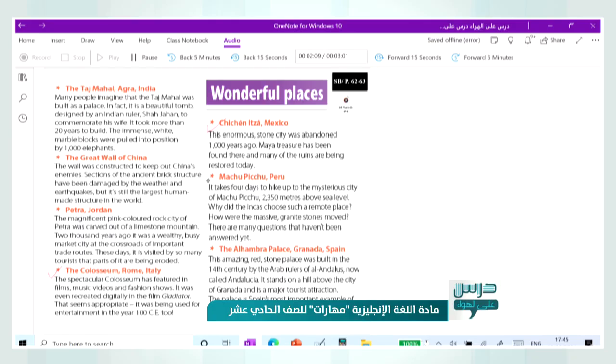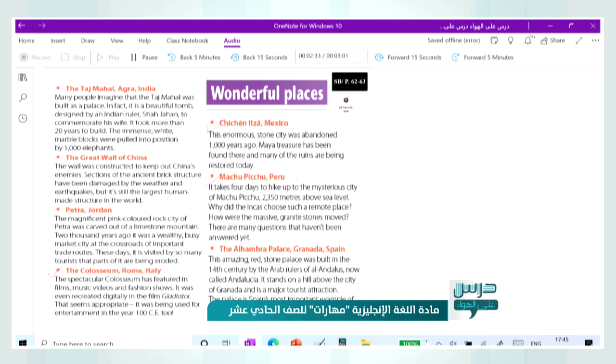Machu Picchu, Peru. It takes 4 days to hike up to the mysterious city of Machu Picchu, 2,350 meters above sea level. Why did the Incas choose such a remote place? How were the massive granite stones moved? There are many questions that haven't been answered yet.